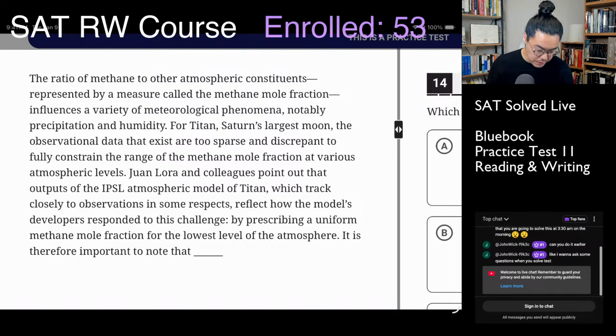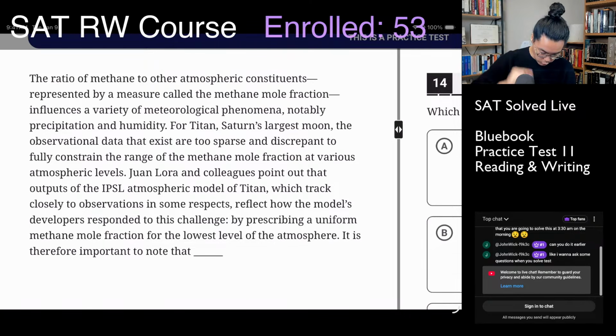The ratio of methane mole fraction influences meteorological precipitation and humidity. For Titan, the observational data that exist are too little and too poor to fully constrain the range of the methane mole fraction at various atmospheric levels.